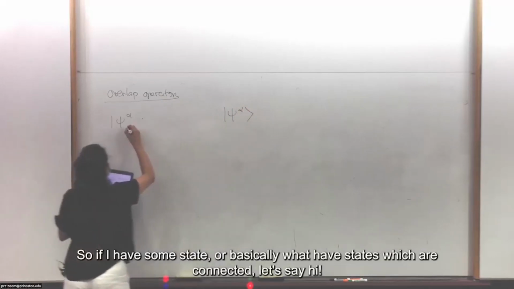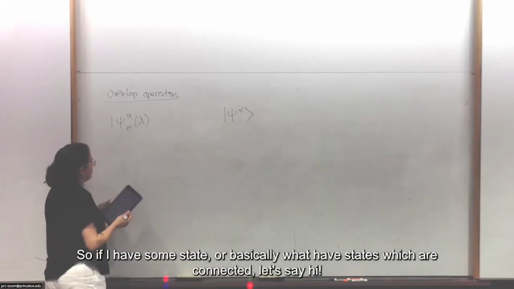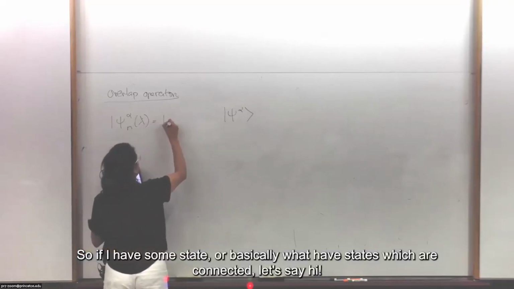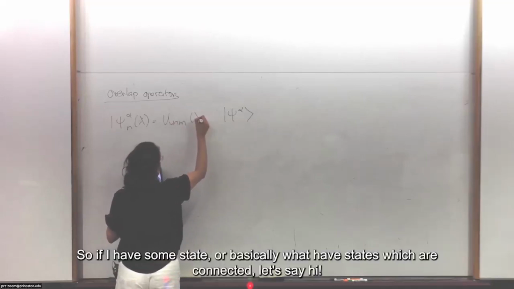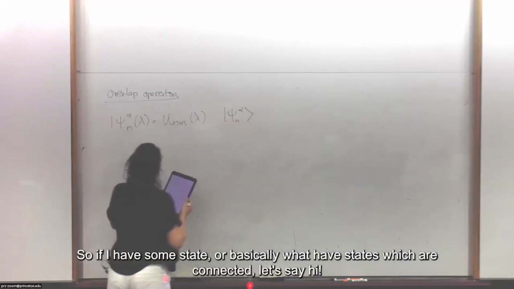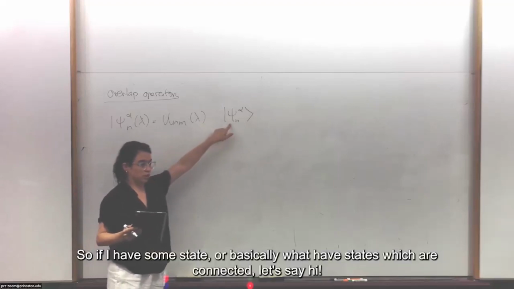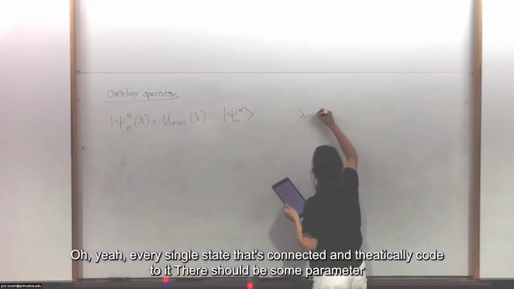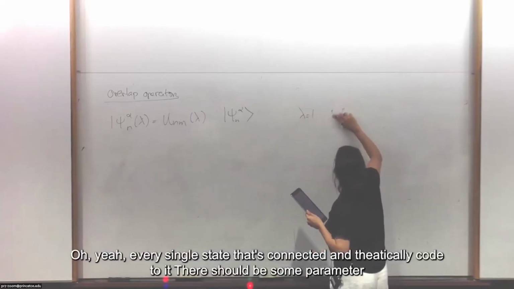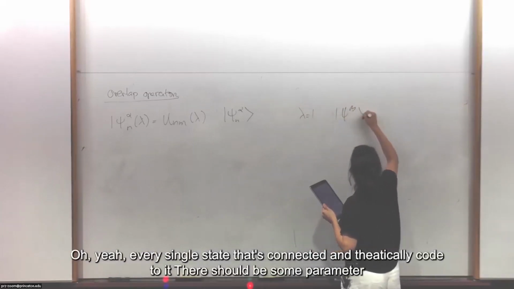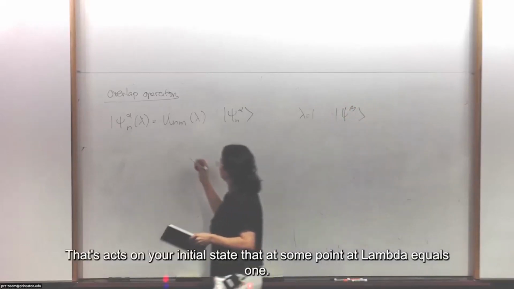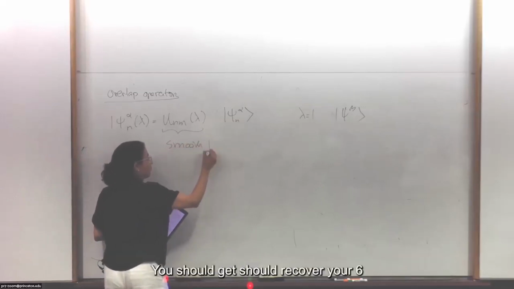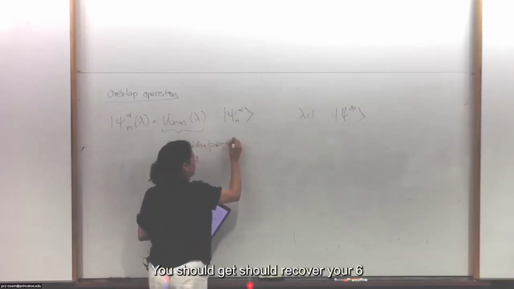And for every single state that is connected adiabatically to it, there should be some smooth parameter lambda that acts on your initial state, such that at lambda equals 1, you recover your states. And what is really important is that this needs to be smooth and periodic in the Brillouin zone.